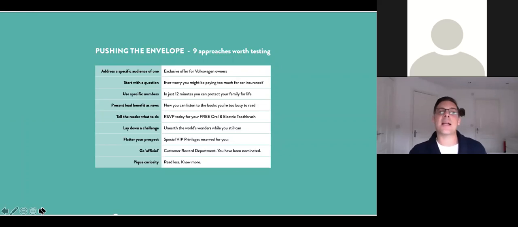So people attach themselves to brands they like. You see this in the back of Sunday newspapers: an exclusive wine offer for Sunday Times readers, an exclusive offer for Volkswagen owners, or for our VIP customers. By giving it that sort of exclusivity, you often find that you get more opens.